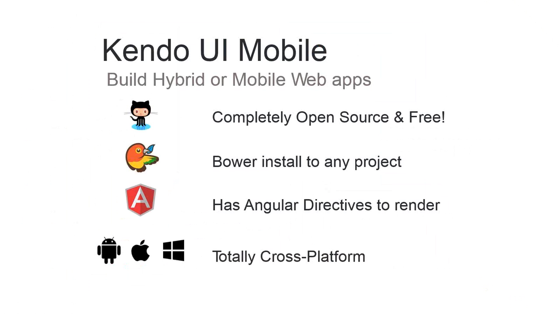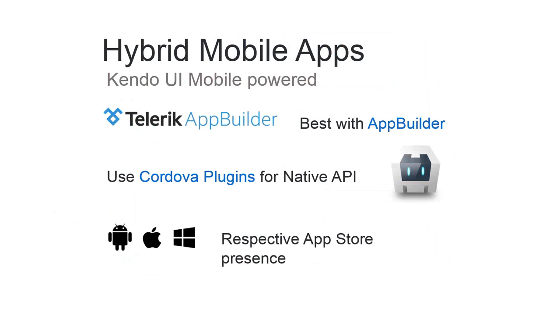We also have Angular directives out of the box if you're an Angular person. All our controls can be used with Angular as a base framework, and you can instantiate Kendo UI controls using an Angular directive. And it's totally cross-platform: it runs on Android, Apple, and Windows Phone. So that's what Kendo UI Mobile is all about.